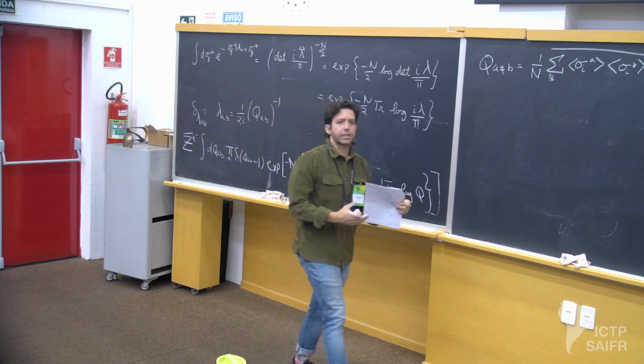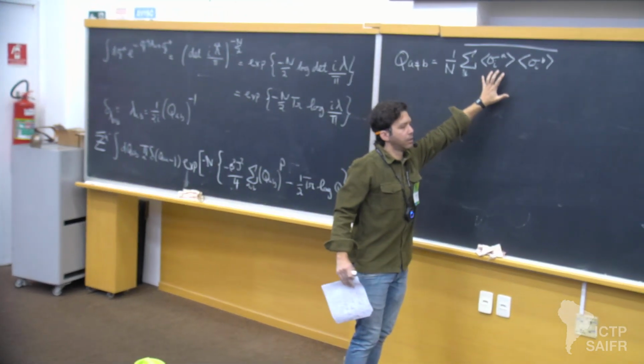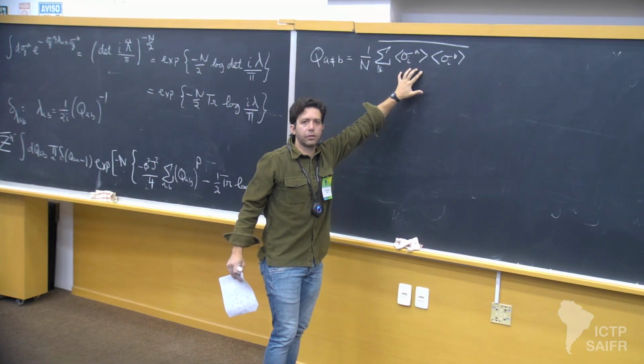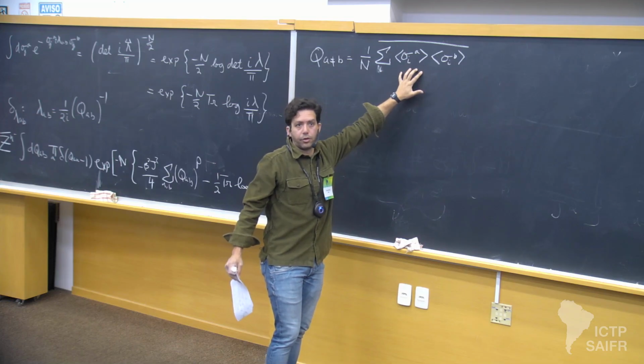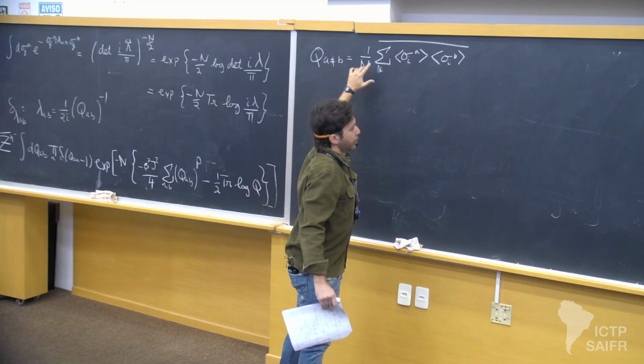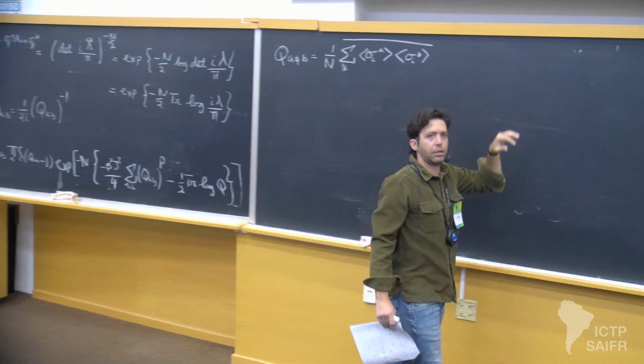Now, of course, if this thing had a ferromagnet behavior, you would expect this below the critical temperature to just give m squared, right? This one with an appropriate factor of n.